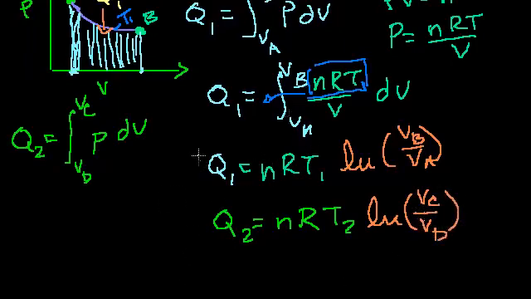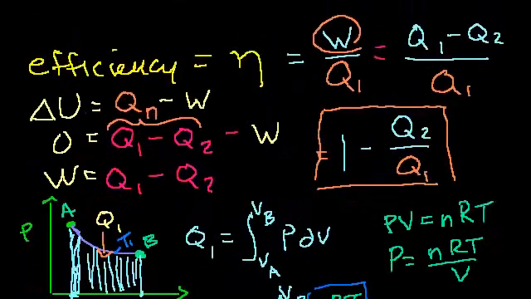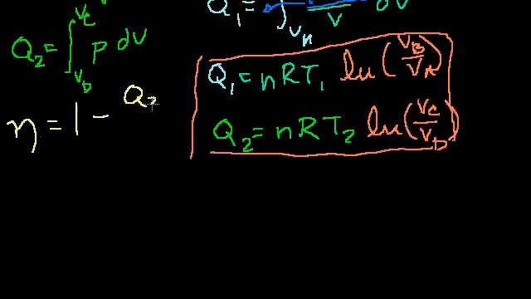Now, let's use these two pieces of information and substitute them back into that result for efficiency we just got. We just learned that we could also write the efficiency of an engine to be equal to 1 minus Q2 over Q1. So let's substitute Q2 there and Q1 over here. And what do you get?